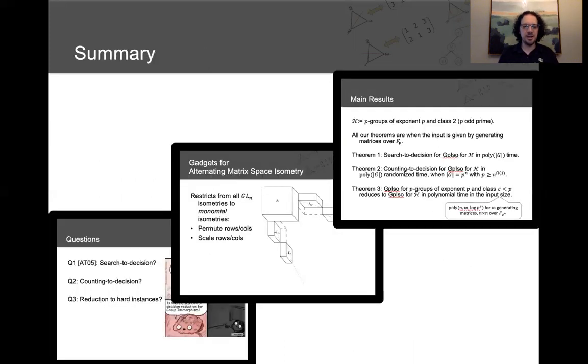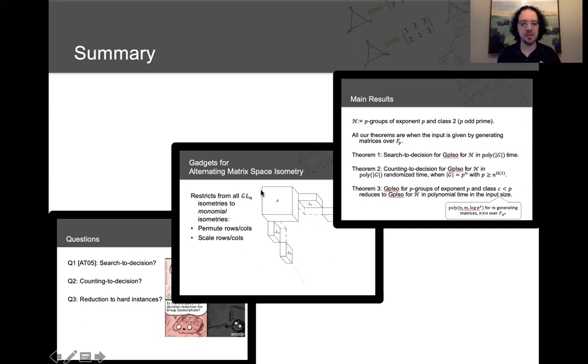So to summarize, we started with these 3 questions, all of which have analogs in the graph case and where we know them in the graph case, and they're solved using gadgets. By translating from p groups to alternating matrix spaces or tensors, we gain some flexibility in how to build gadgets.